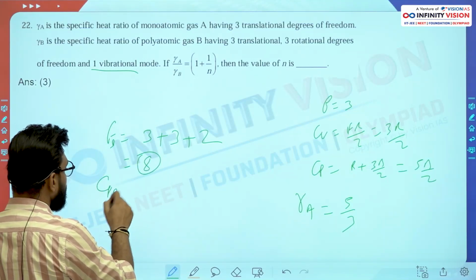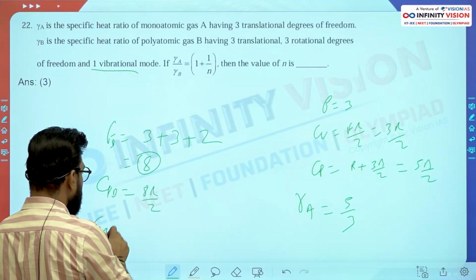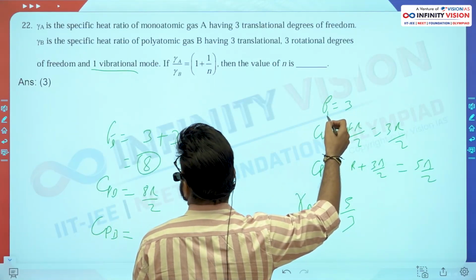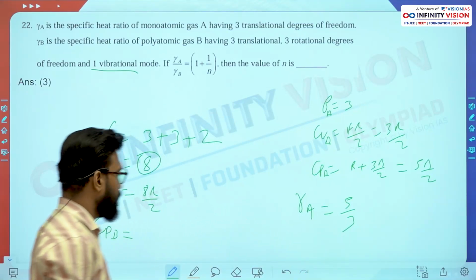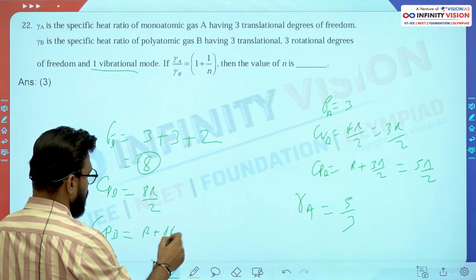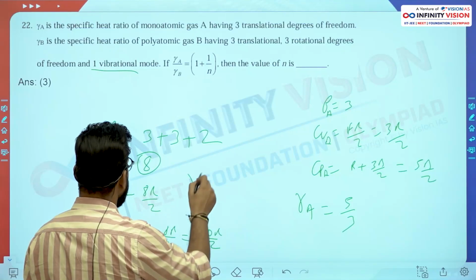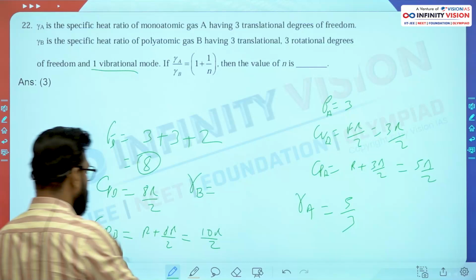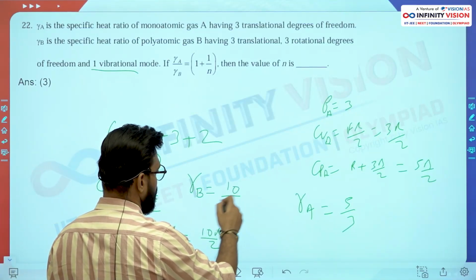Cv for B comes out to be 8R by 2. So Cp for B is R plus 8R by 2, which is 10R by 2. So gamma B, which is the ratio of Cp by Cv, is 10 by 8.